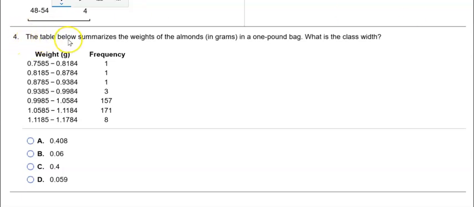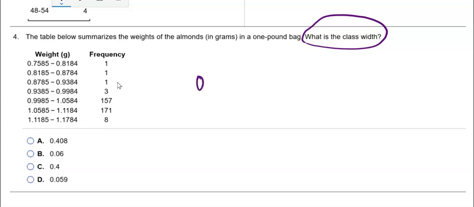Number 4. The table below summarizes the weight of the almonds in grams in a 1 pound bag. What is the class width? Again, we know the definition of class width. The class width is going to be the difference of consecutive lower class limits. So if you think about this second class lower limit and first class lower limit, you subtract that.